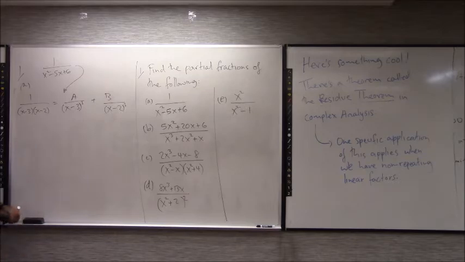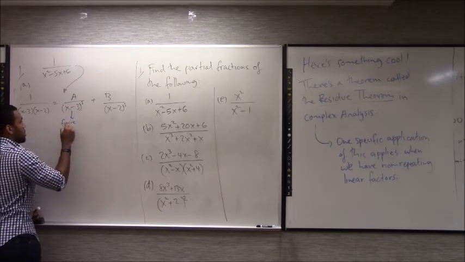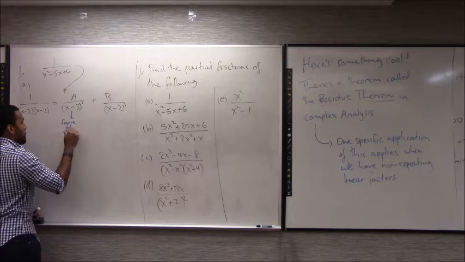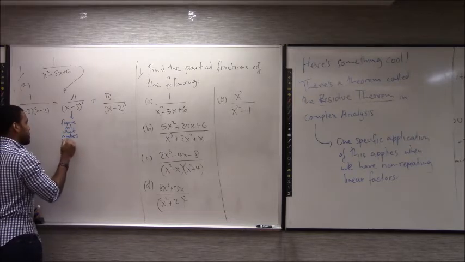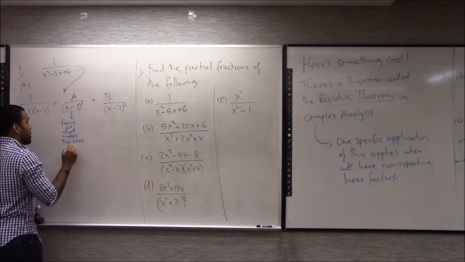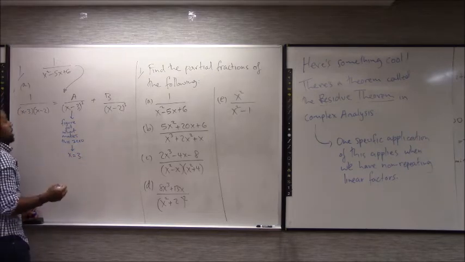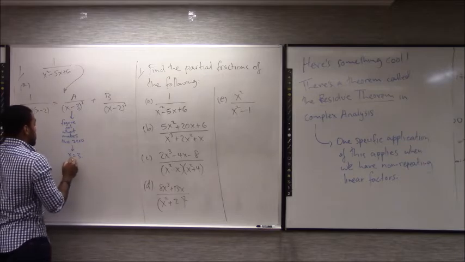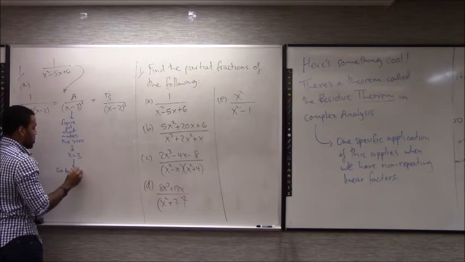Here's a trick that you can do, is figure out what makes this 0. For a linear factor, it'll be easy. Of course, in this case, x equals 3 will make this thing 0. Then what you're going to do is you're going to go to the original.